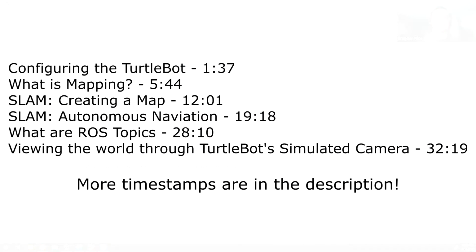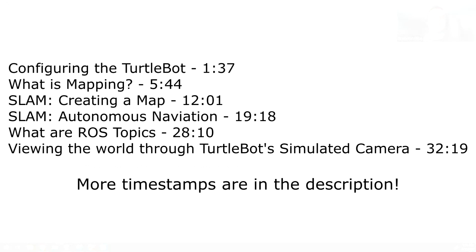We're going to look at how to create a map using the TurtleBot default SLAM libraries, and then use that map to drive the TurtleBot autonomously. Hopefully, if my virtual machine can handle it, we will also look at the camera feed from the TurtleBot.